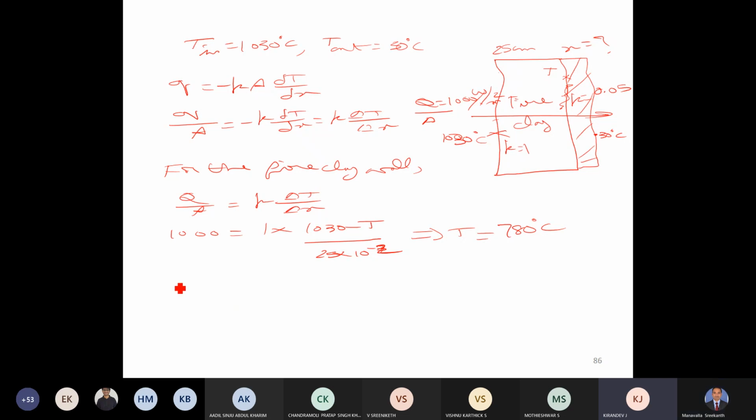So Q by A on the left side or inside is Q by A on the outside. So I will evaluate Q by A on the outside.